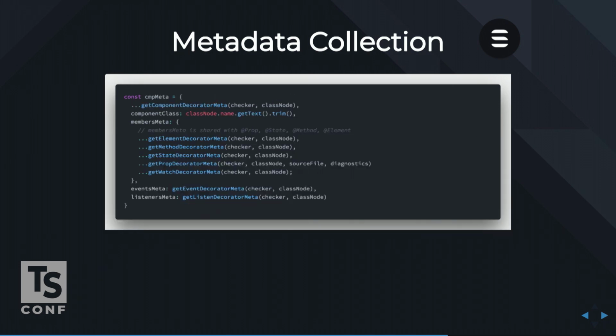So this is a simplified version of how our metadata gathering works. So we walk the AST of every single component file, the same way that TypeScript does this. And you'll notice that when we're gathering this information, most of it is coming from decorators. So the parameters that are passed to decorators, as well as what the property that the decorator is on, and the types of the property as well.